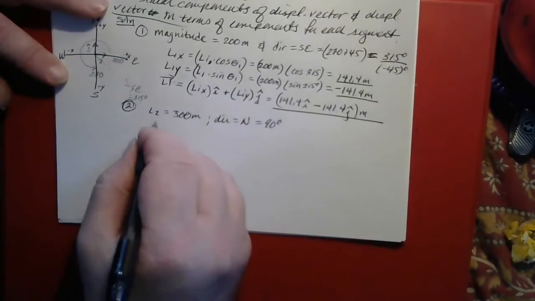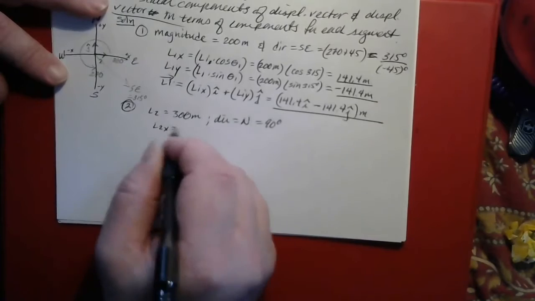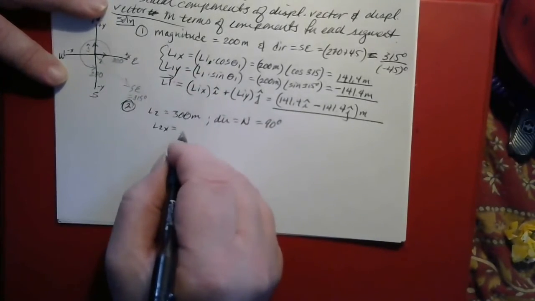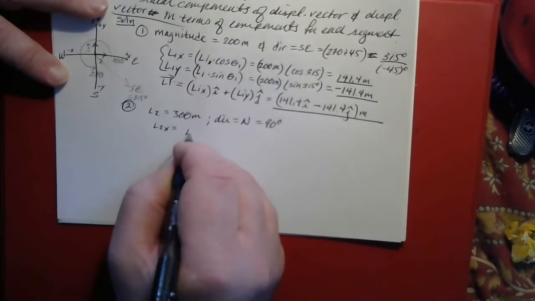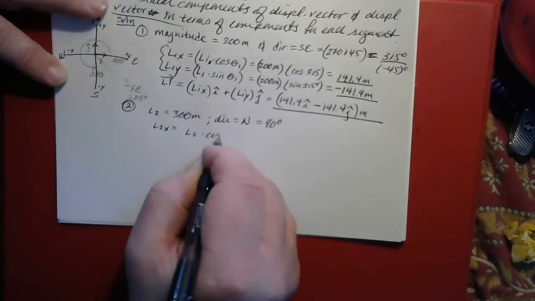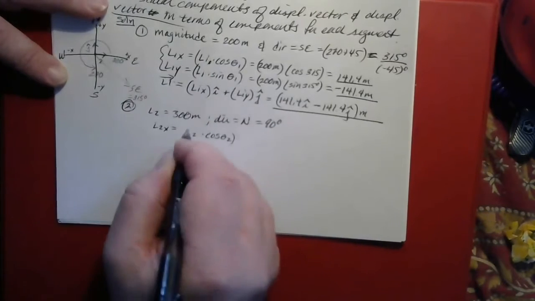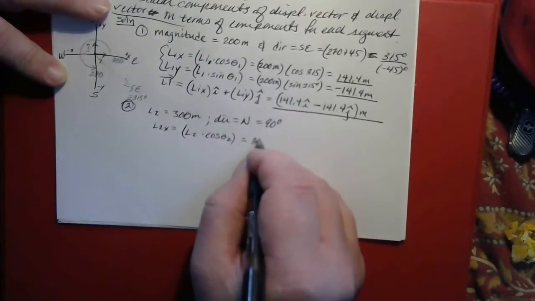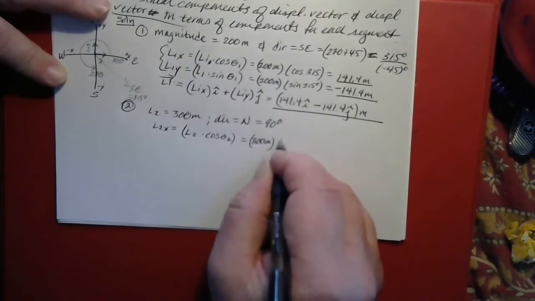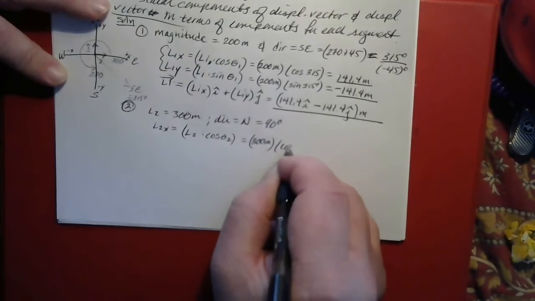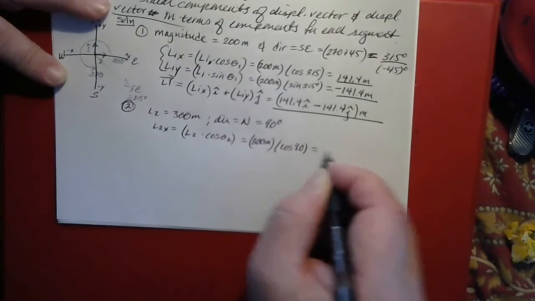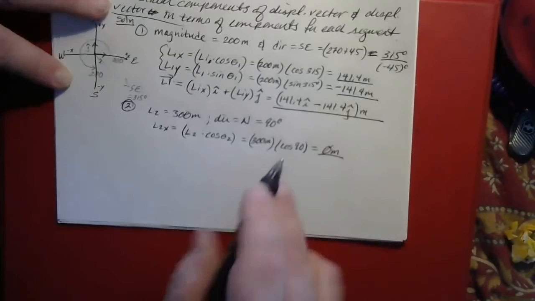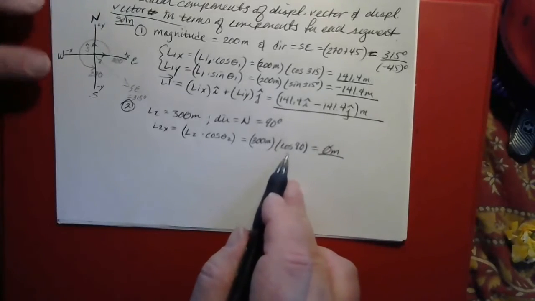So that's pretty easy. The x component for L2 is the magnitude of L2 times cosine of the angle for the second leg of the journey. And that's going to be 300 meters times cosine of 90, and that equals 0. Because the cosine of 90 is 0.